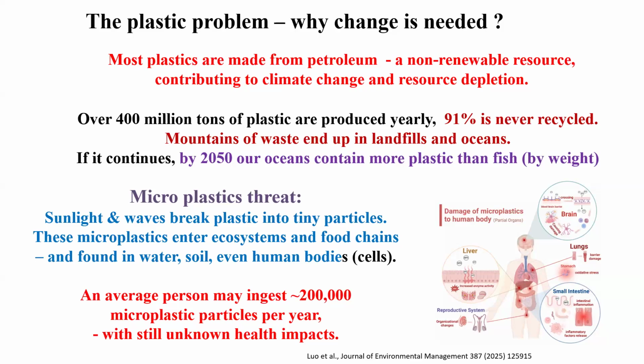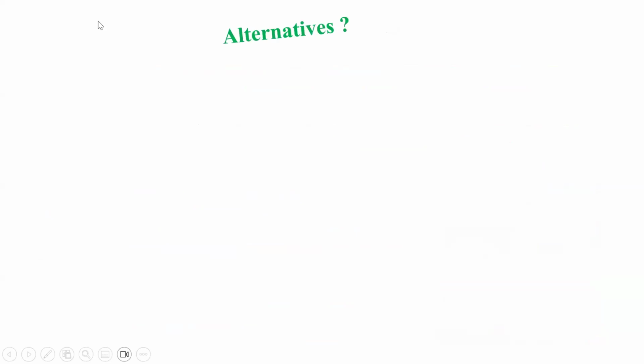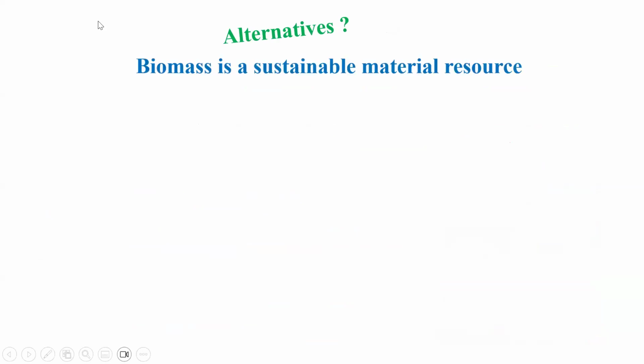On average, it's estimated that every person ingests 200,000 microplastic particles per year, and we still don't know what the health impacts are. So this really should convince us that maybe we need a change. But what are the alternatives then?